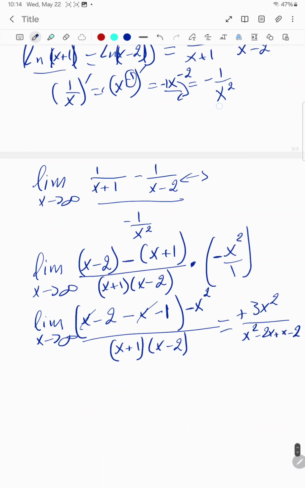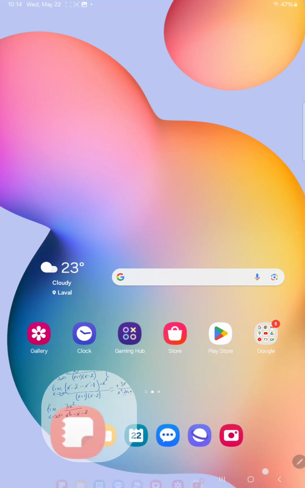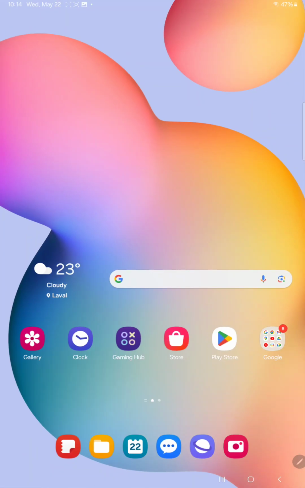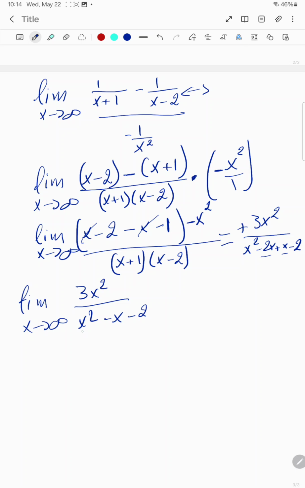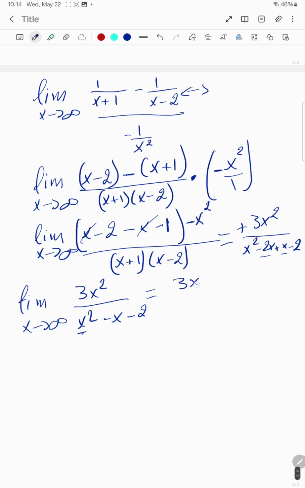So I have to study now the limit when x goes to infinity of 3x squared divided by x squared minus 2x plus x, which is minus x, minus 2. I can factor out x squared in the denominator. I have to put the limit, sorry.